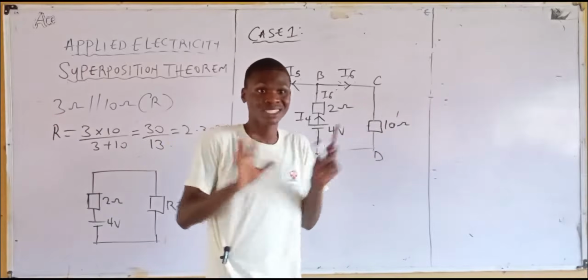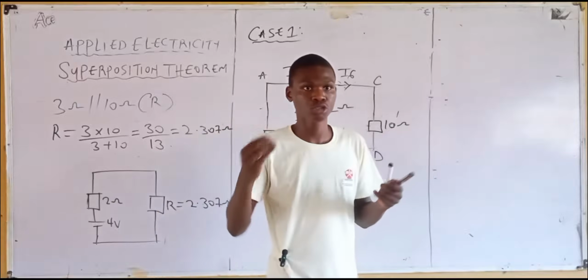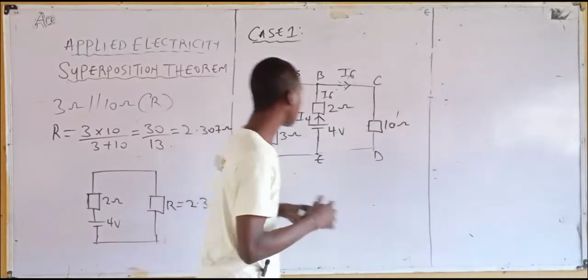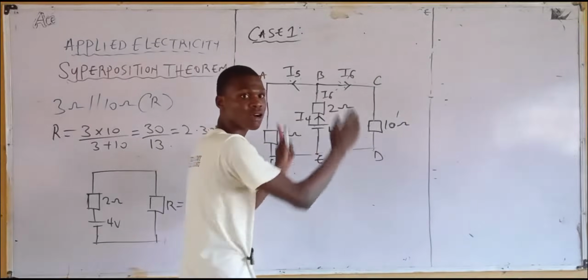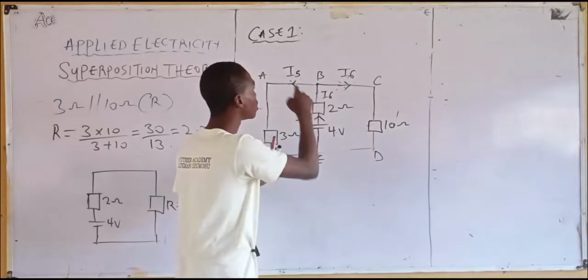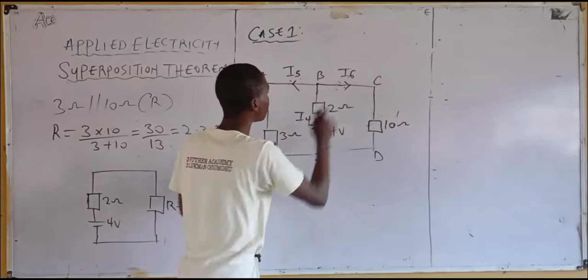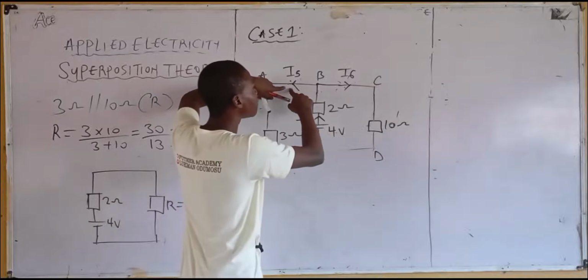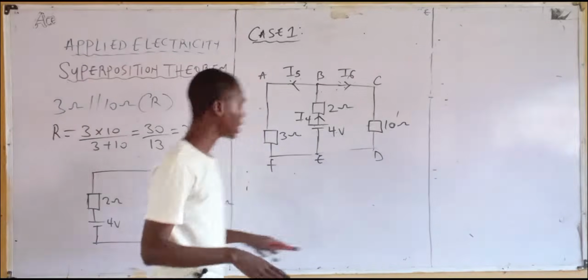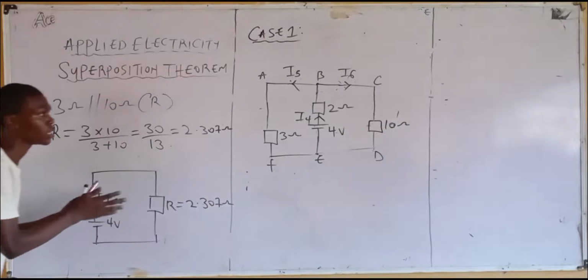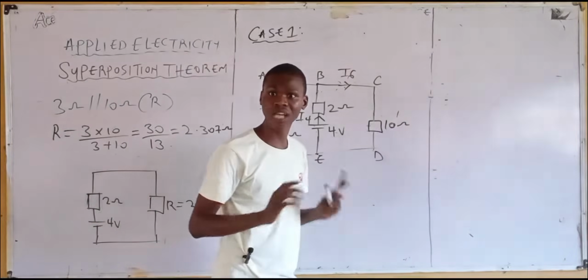It's not as if that's the standard, but you can use that logic to understand it. From here, I've solved 3 ohms and 10 ohms in parallel, and the currents in those resistors, I5 and I6, are out of it. Then automatically, any current value I get here becomes I4. You understand what I'm saying?